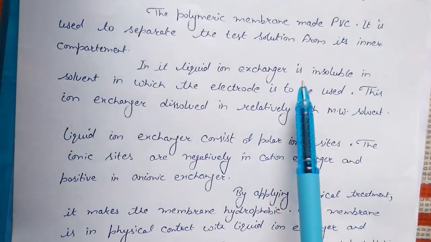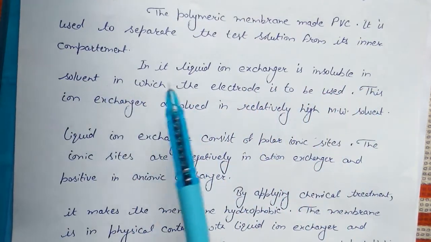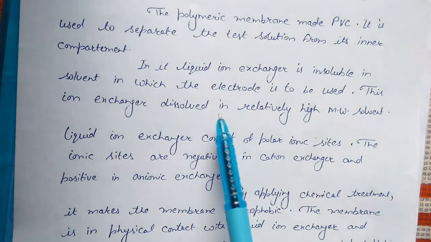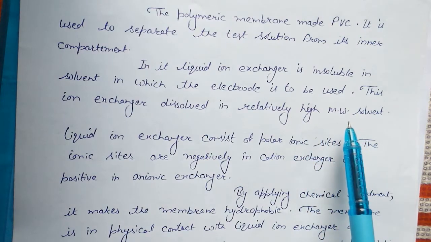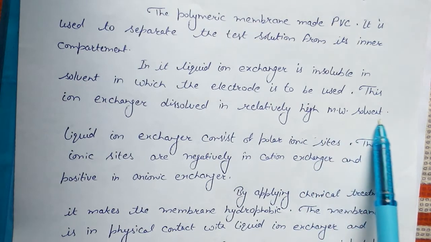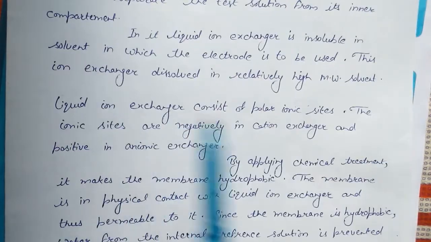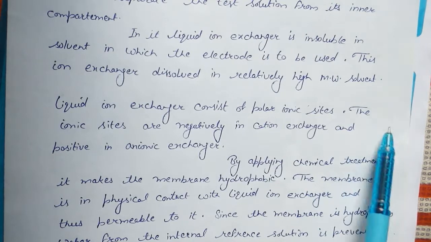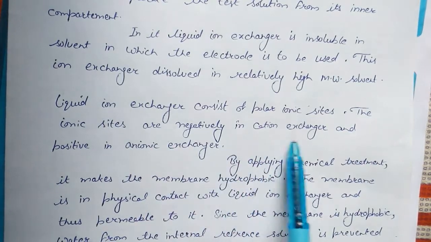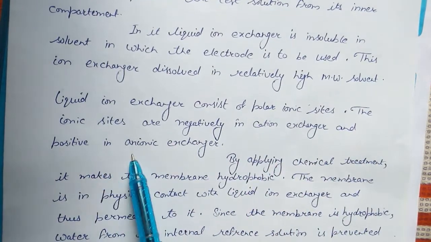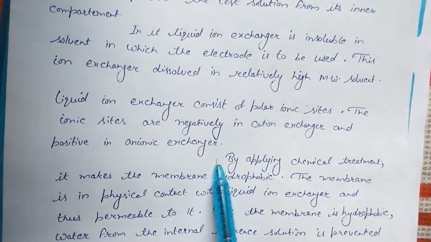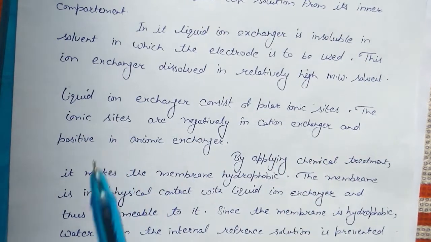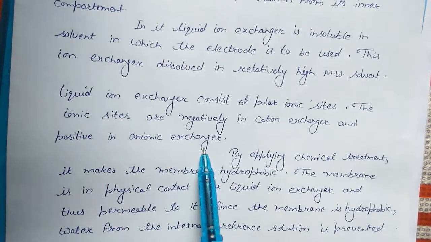In it, the liquid ion exchanger is insoluble in the solvent in which the electrode is to be used. This ion exchanger dissolves in a relatively high boiling solvent. The liquid ion exchanger consists of polar ionic sites. The ionic sites are negative in a cation exchanger and positive in an anion exchanger, right? You can get this, that it is negative in a cation exchanger and behaves as positive in an anion exchanger.